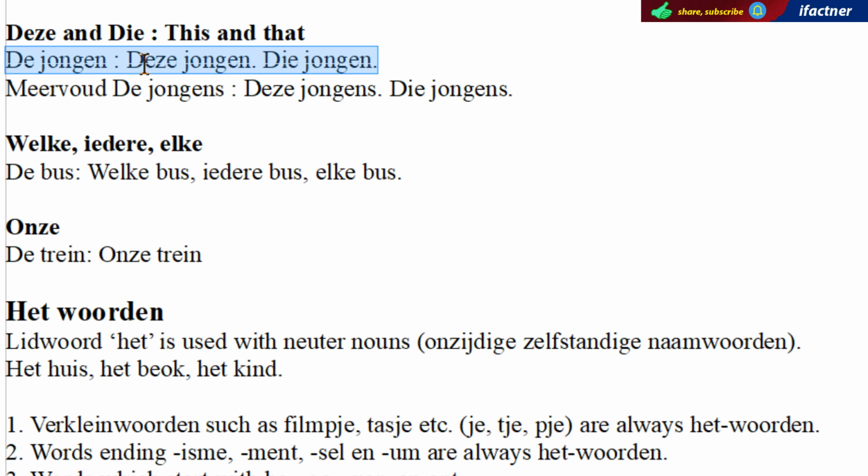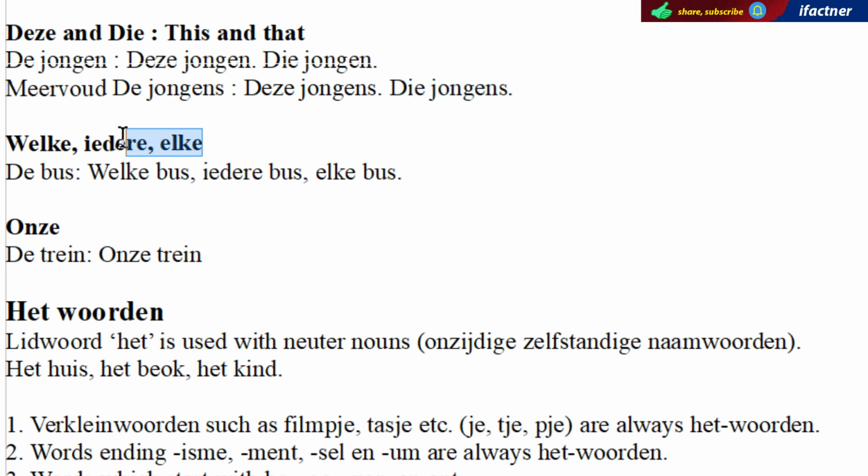With the boy, we will use deze jongen and die jongen, and we will not say dit jongen and dat jongen because this word starts with de. And in the plural form, that is the meervoud form, the word becomes de jongens, and we can use deze jongens or die jongens for this and that.